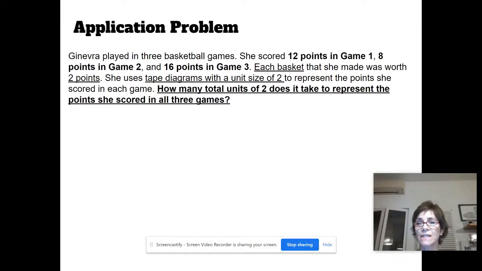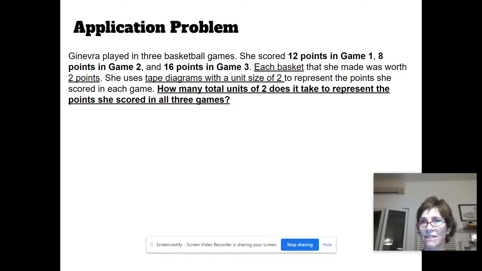And now you will see why this is important for our graphs and our unit on data. Let's look at this application problem. Ginevra played in 3 basketball games. She scored 12 points in game 1, 8 points in game 2, and 16 points in game 3. Okay, so she played 3 games, and these are the points that she scored in each game.